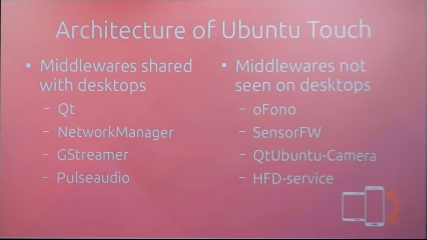And then we have Sensorfw, which allows you to access accelerometers and sensors like that. And then we have something called Qt Ubuntu Camera, which allows applications to access the camera using Android drivers.